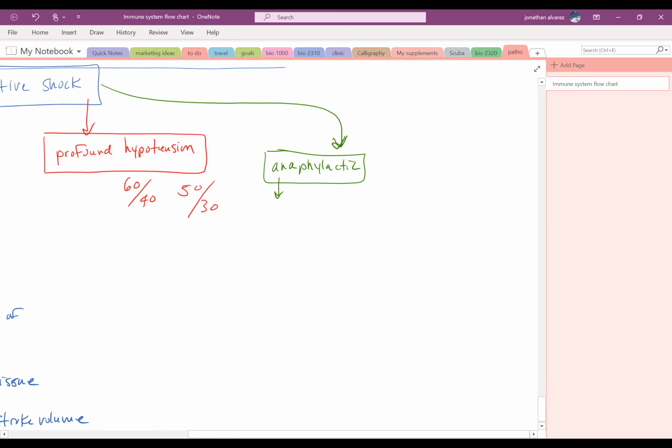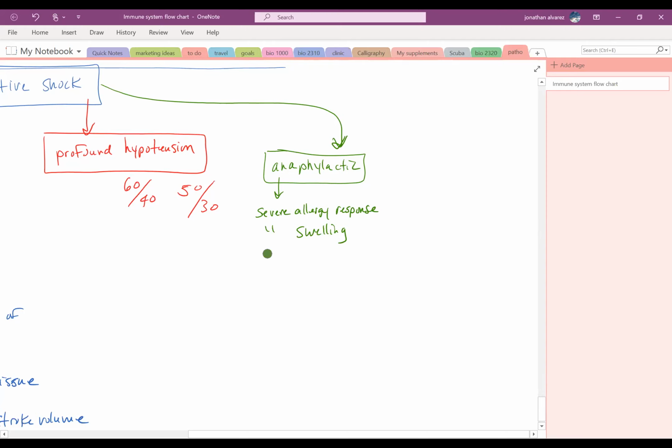The throat swelling, severe allergy response. Okay, severe allergy response. Okay, severe swelling.